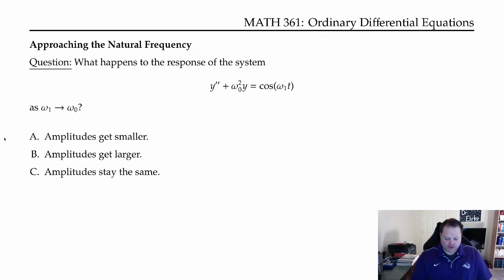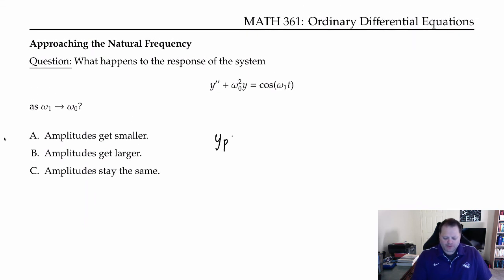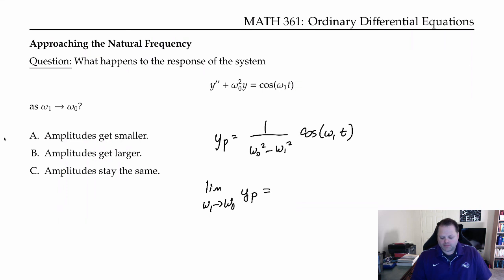So let me just remind you here that the solution is 1 over omega naught squared minus omega 1 squared, cosine omega 1t, and the question that's being asked here is, what is the limit as omega 1 approaches omega naught of yp? Right? That's what we have to think about to answer this question. So I'll give you a second, commit to an answer. It should be pretty easy for you here, but then we'll talk about it together.